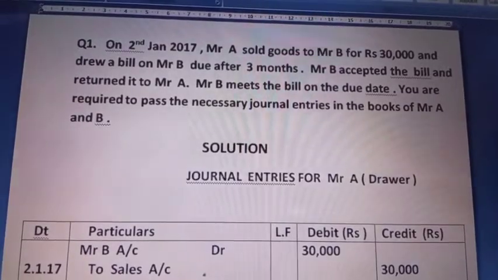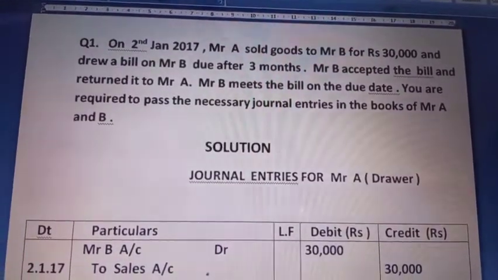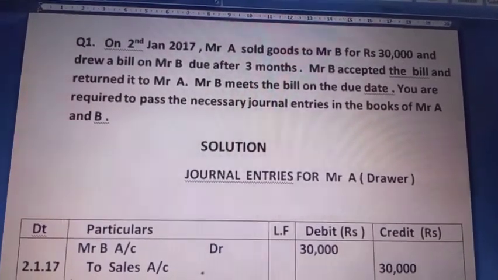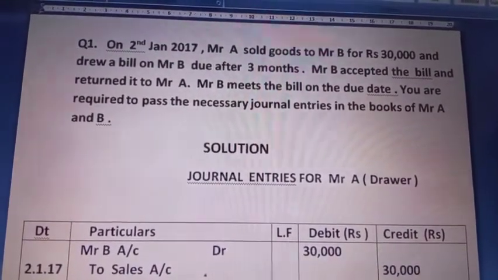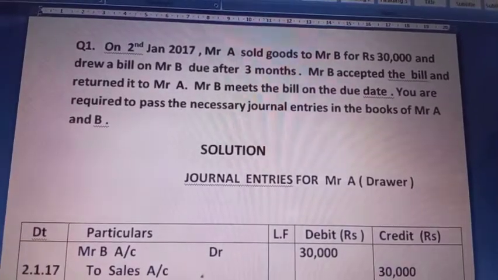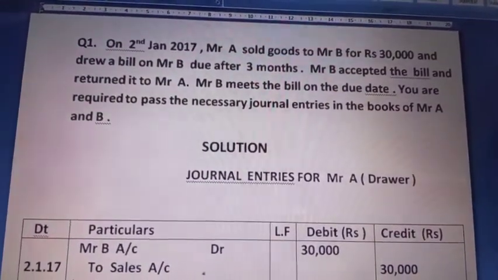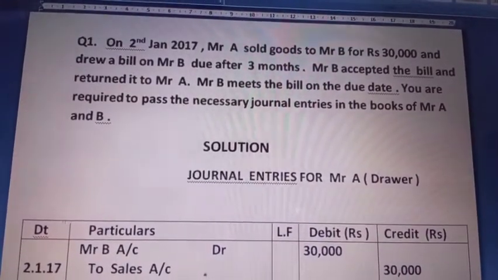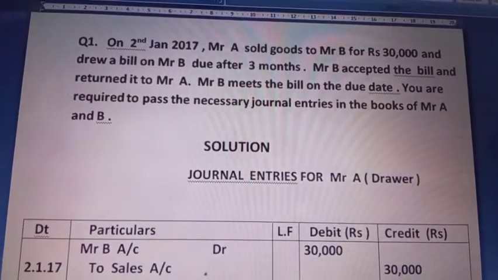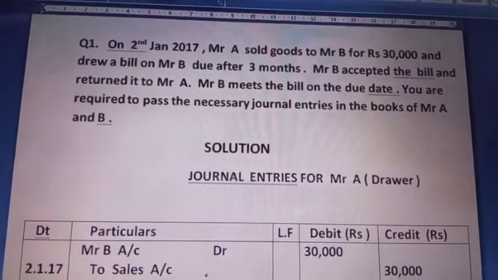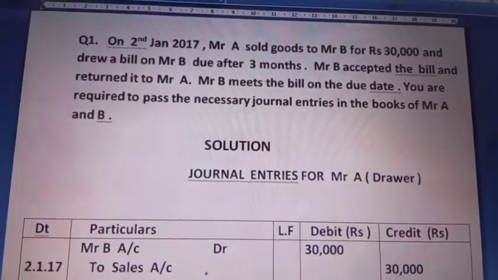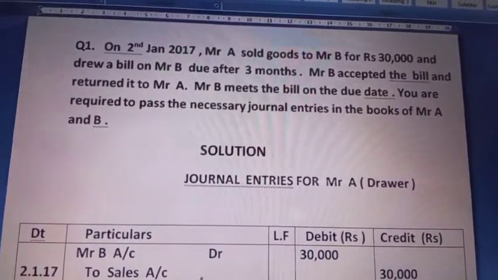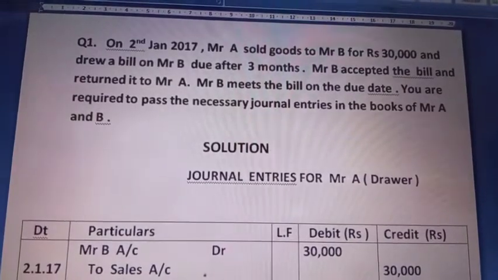But here is one rule which you have to follow, that is on the date of maturity you have to add 3 more days to it, and this period is known as days of grace, or period of grace. Then the due date becomes 5th of April, because 2nd Jan to 2nd April is 3 months, and then you have to add 3 days to it, so 5th of April is the maturity date of the bill.